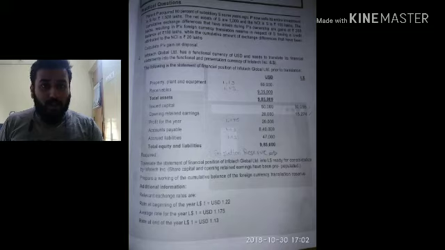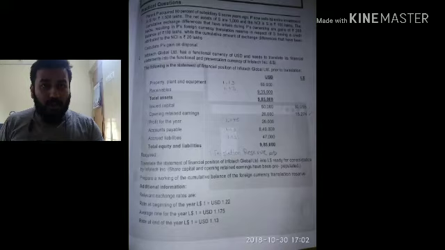Now, as you can see, I have changed the pages. I am going to elaborate one example. In it we have property, plant and equipment, receivables, issued capital, opening retained earnings, profit for the year, accounts payable, and accrued liabilities.